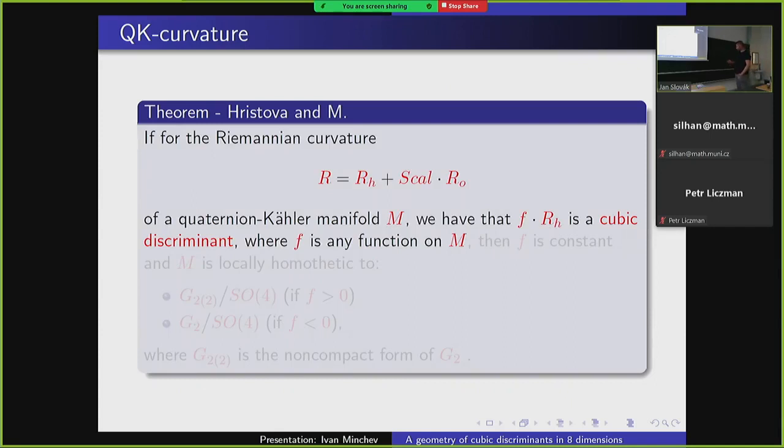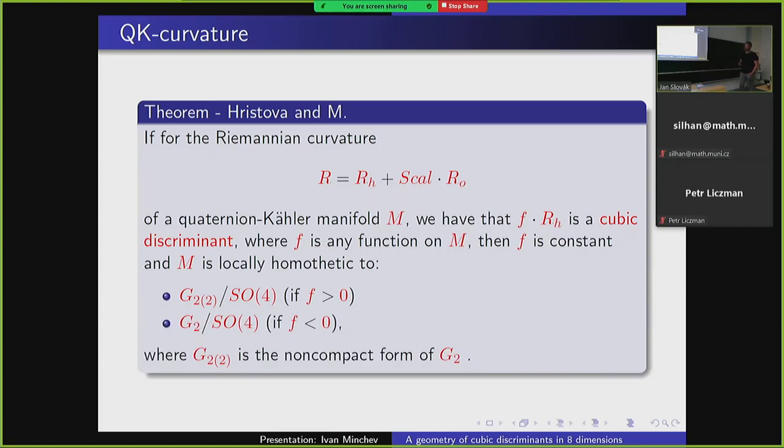If the first component in this decomposition of a quaternion-Kähler manifold is proportional to a cubic discriminant, where f is any function on the manifold, then it turns out that this function needs to be always constant, and then the manifold is either the non-compact quotient of G2 over SO(4), if the function is positive, or, if the function is negative, it has to be isometric to the other one, the Wolf space.